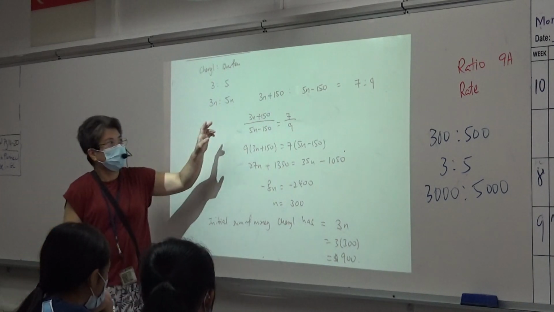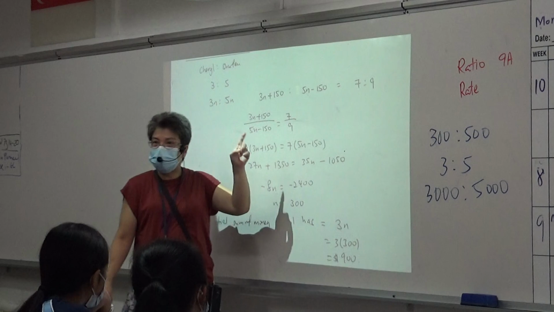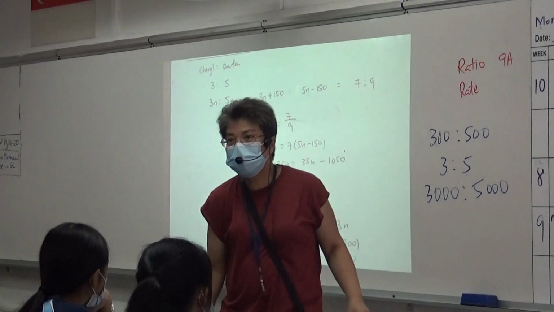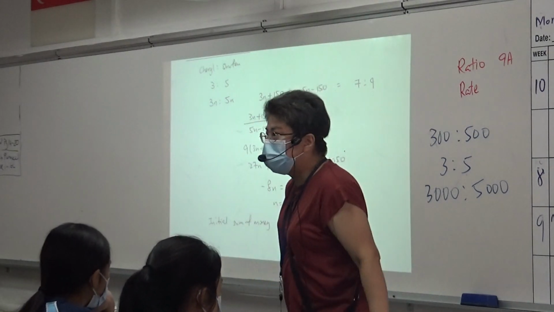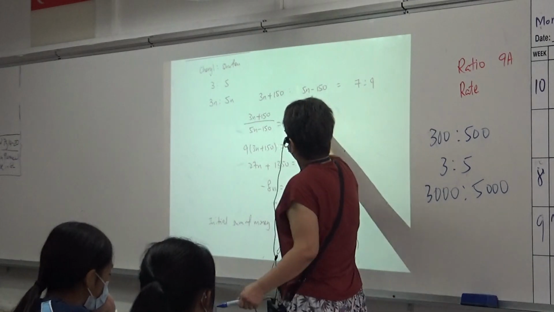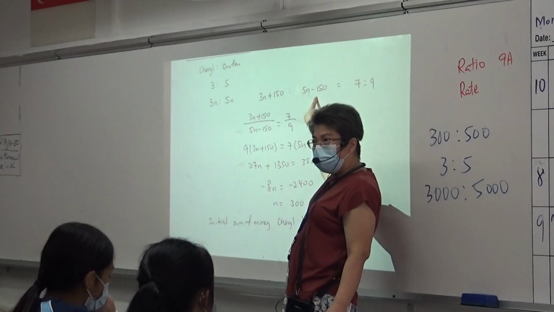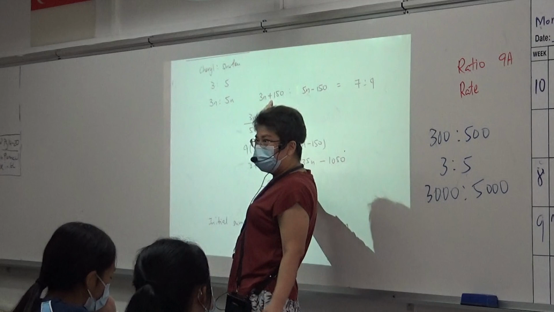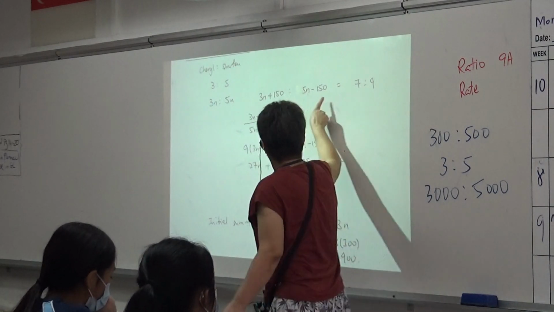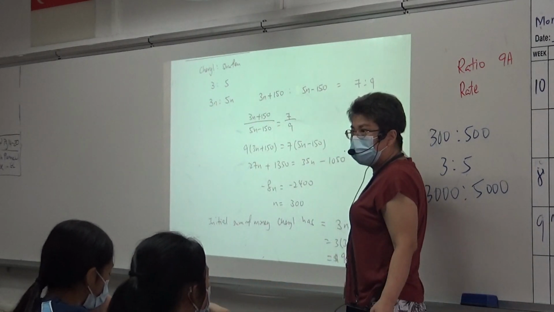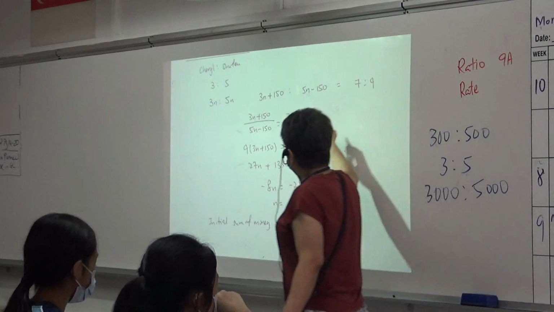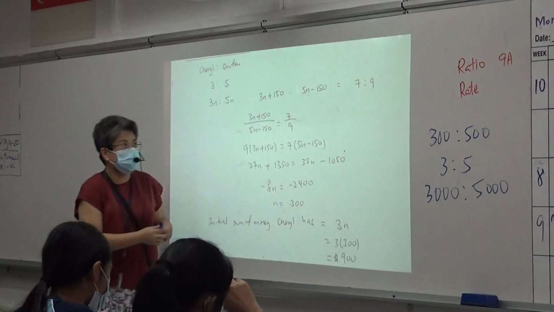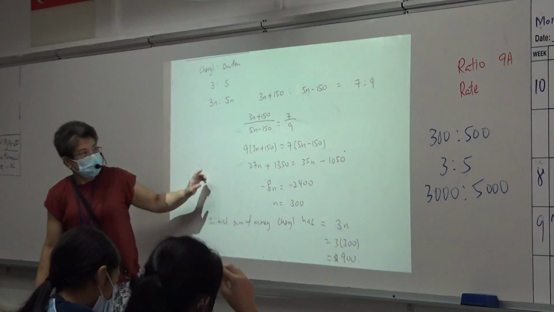Now, don't forget, Shu Fen gives Cheryl how much? Look at the question, 150. So Shu Fen I must minus 150, right? She gives Cheryl, this will be plus 150. And the ratio becomes what? 7:9, right? So, can you see I can form an equation like that? Then what do I do?